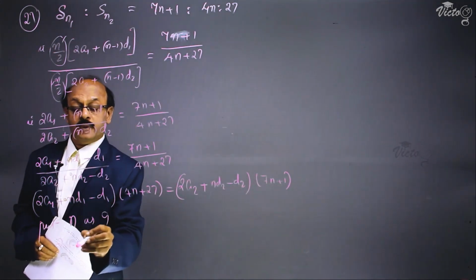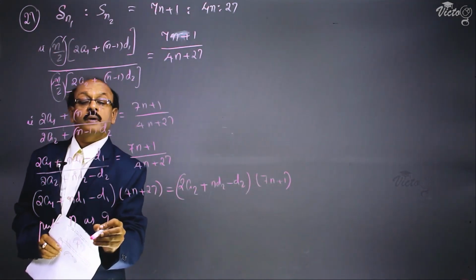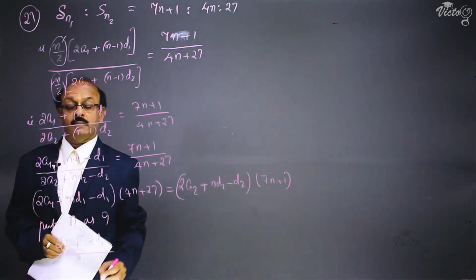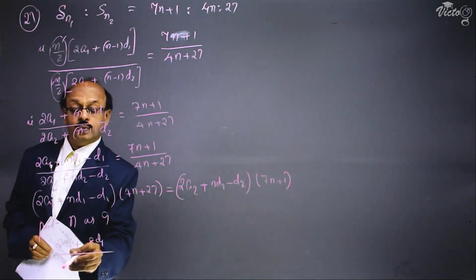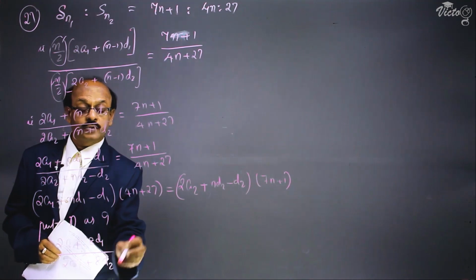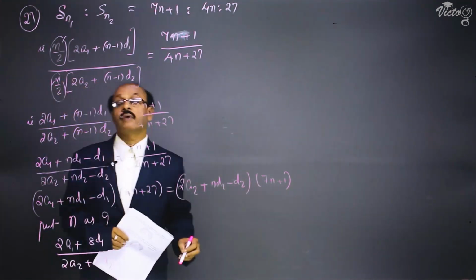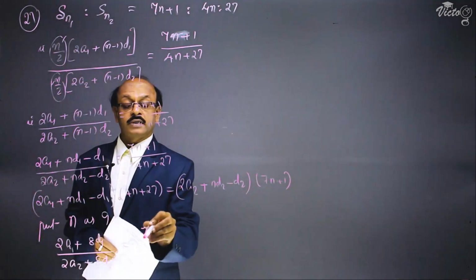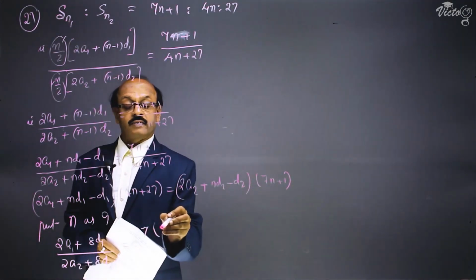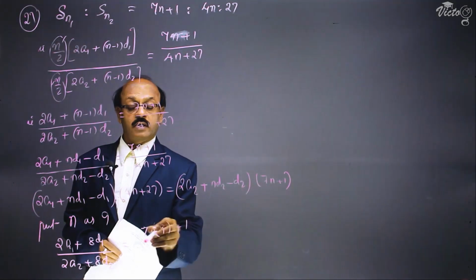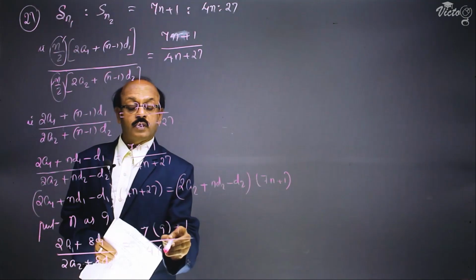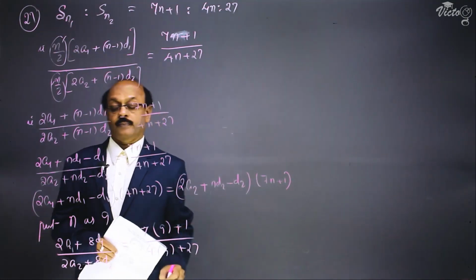We are getting 2a1 plus (9 minus 1), which is 8d1, divided by 2a2 plus 8d2, which is equal to, here also we have to put the value. Instead of n, we have to write 9: 7 into 9 plus 1 divided by 4 into 9 plus 27.